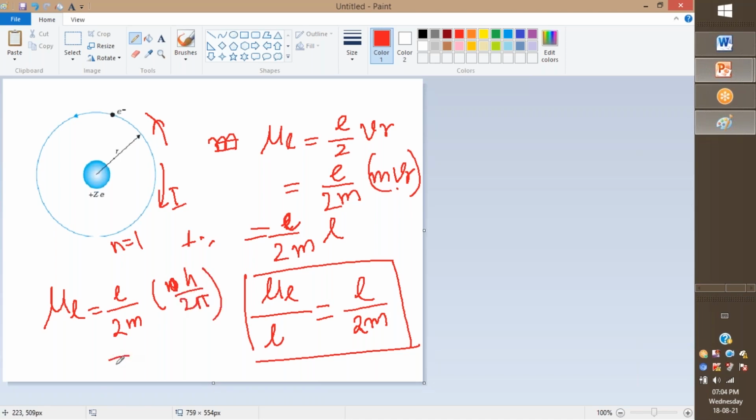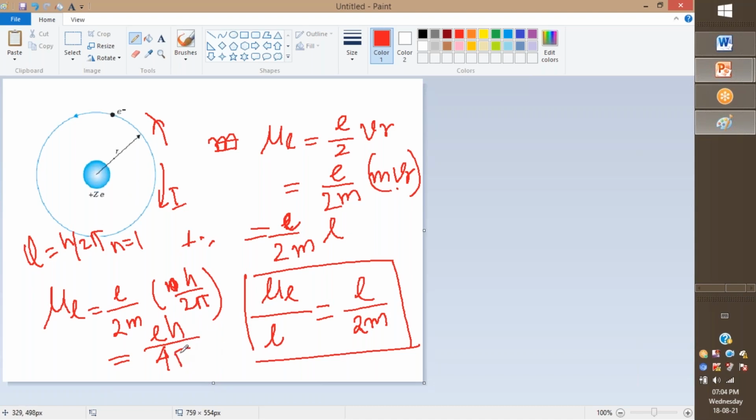So I can write eh by 4π m. This comes from Bohr's theory, which we'll learn in the 12th chapter, and it will be clearer then.